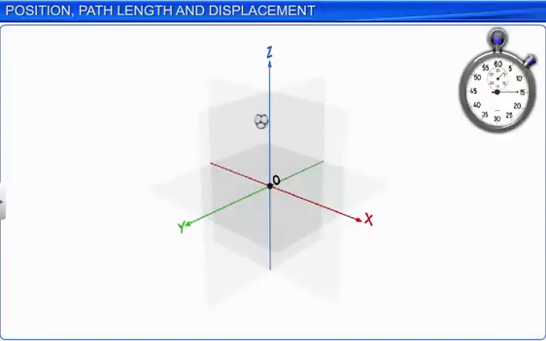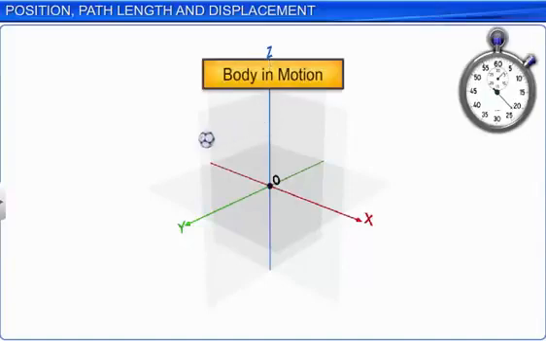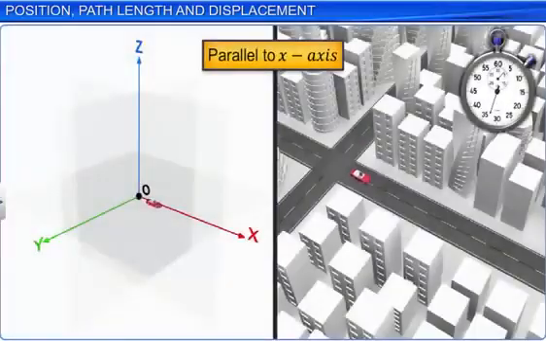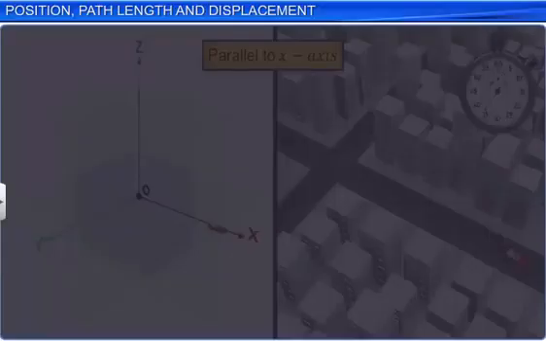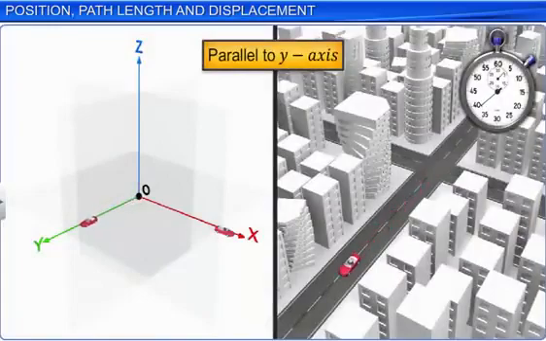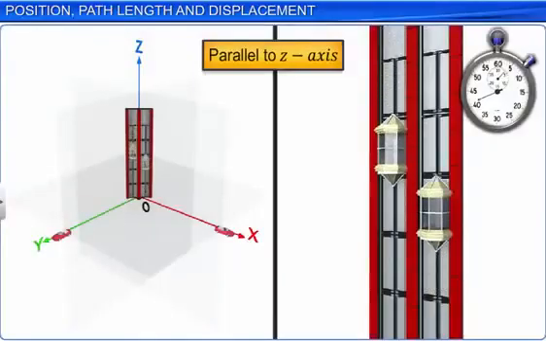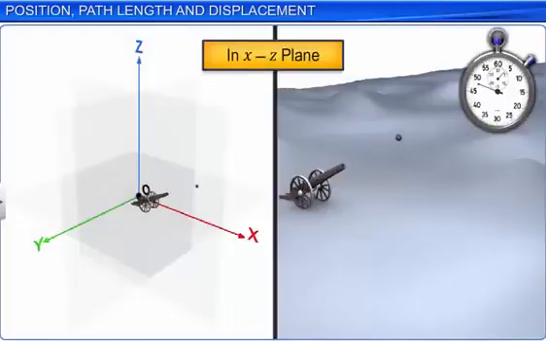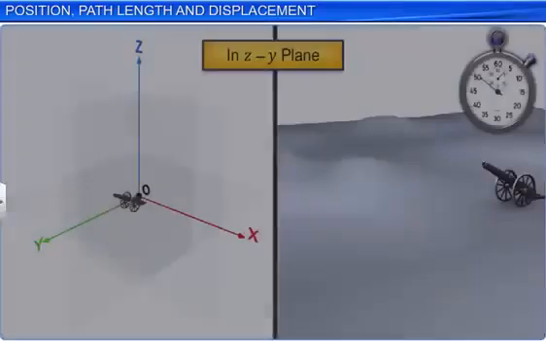When any one or more of the coordinates change with time, the body is said to be in motion with respect to the frame of reference. The motion of a body could be parallel to the x-axis, parallel to the y-axis, parallel to the z-axis, in the xy plane, in the xz plane, in the zy plane, or in space.